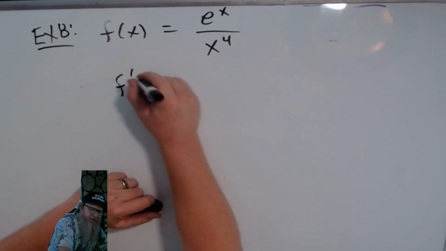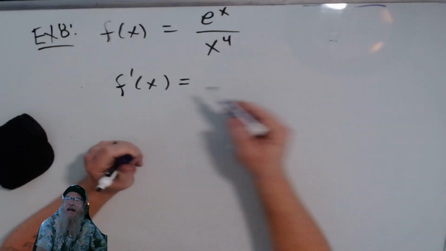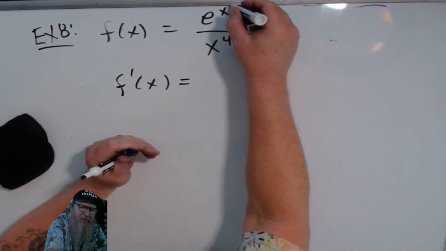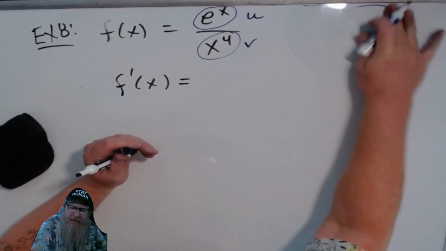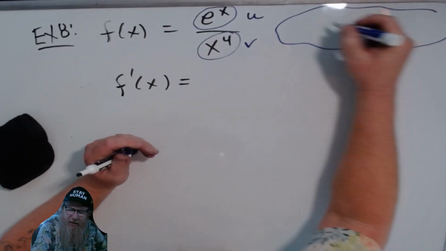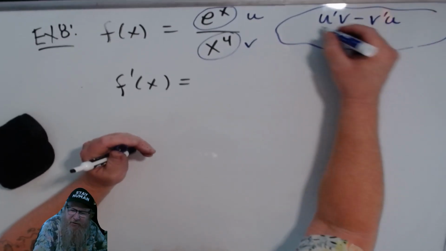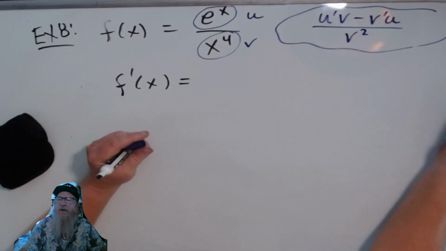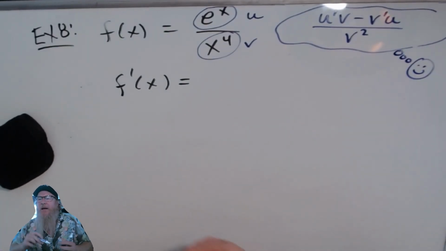So find the derivative. Now again, I have f, so I don't want to name either one of these guys f, so I'll name that one u and I'll name that one v. And then in my shorthand, it'll be u prime v minus v prime u over v squared. That's my shorthand for that.